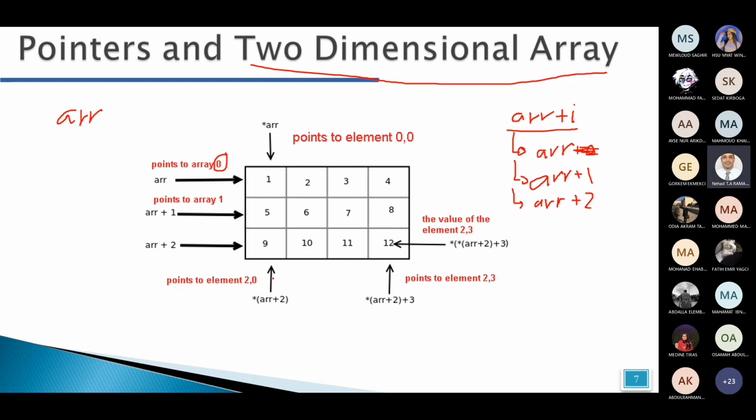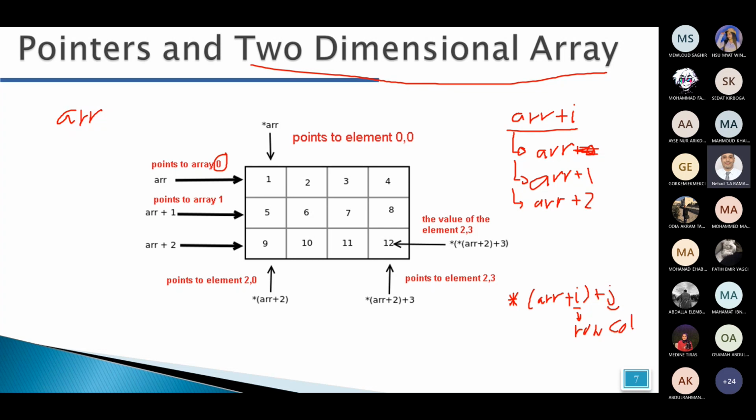To reach any element inside the row, this is the general rule: star, then ARR plus I, all this plus J. What's the meaning of I here? Index of the row. What's the meaning of J?